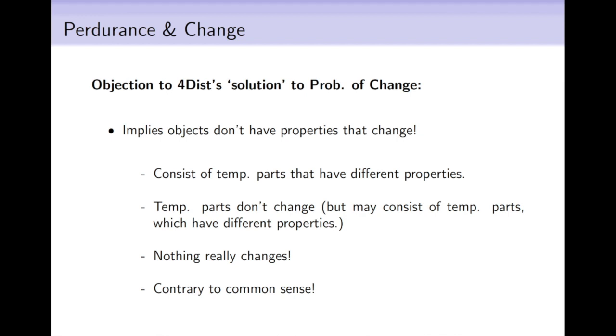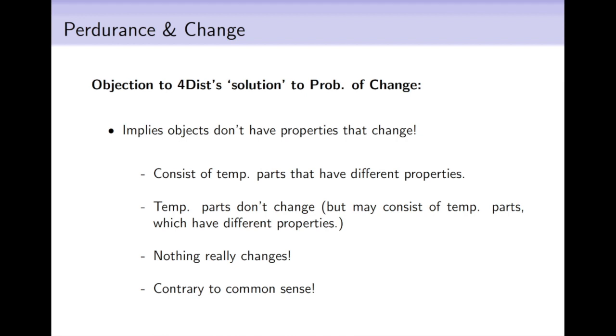What it's saying is that ordinary objects consist of temporal parts that have different properties. So it's not the object itself that has these properties that change, but rather different temporal parts of it have different properties. And the temporal parts don't change in their properties, right?